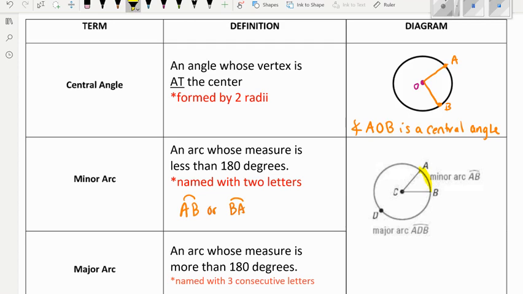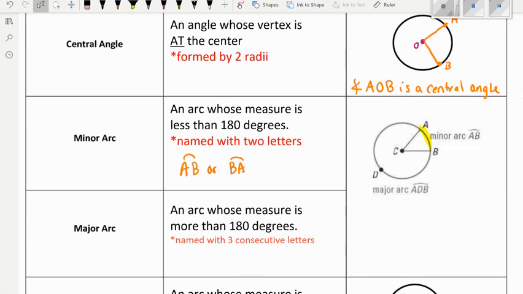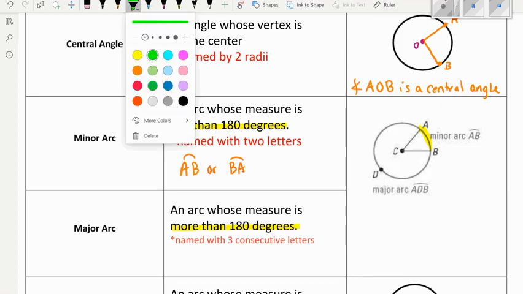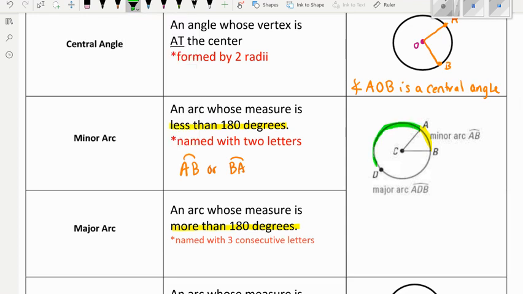Then we have the next piece, which is the major arc. So minor arc is less than 180 degrees, and a major arc is an arc whose measure is more than 180 degrees, and it's named with three consecutive letters. So for this one, from here to here would be a major arc, because that would be more than 180 degrees, because think about what would be 180 degrees.